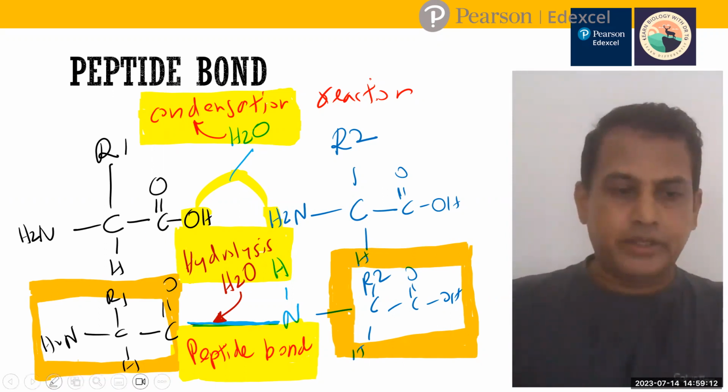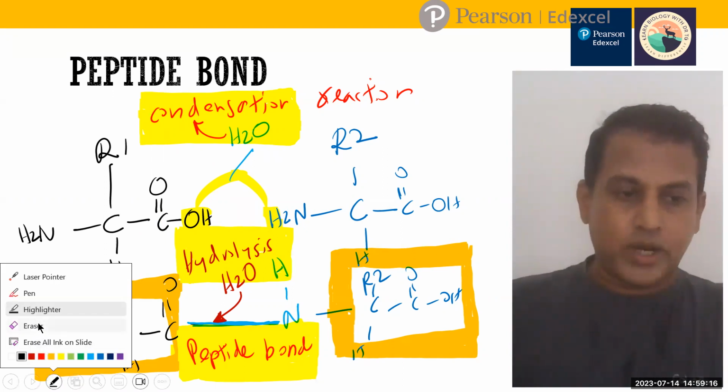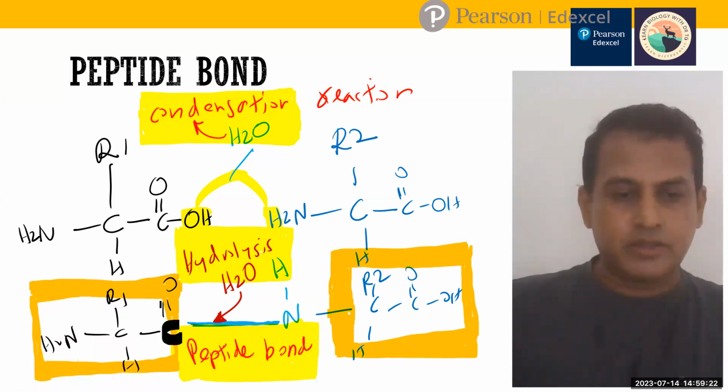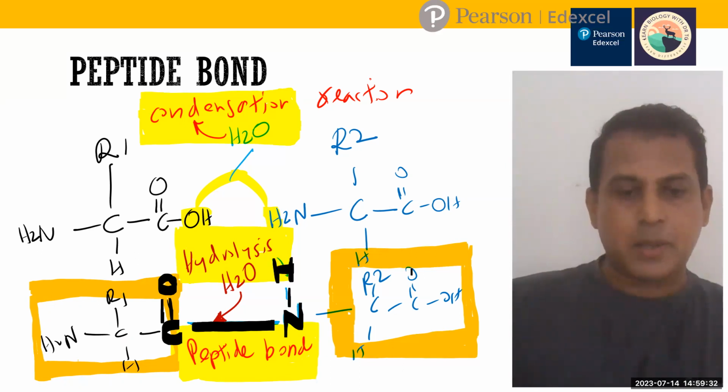So we can also highlight the peptide bond. What is the chemical structure of the peptide bond? Carbon, oxygen, and then this is the bond, nitrogen and hydrogen.